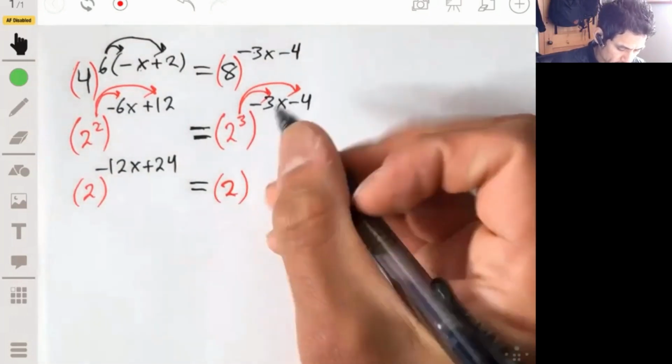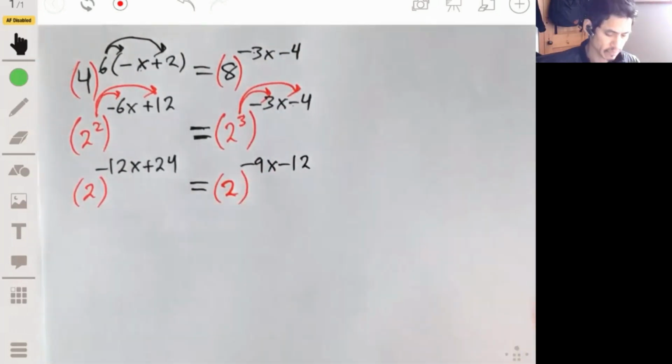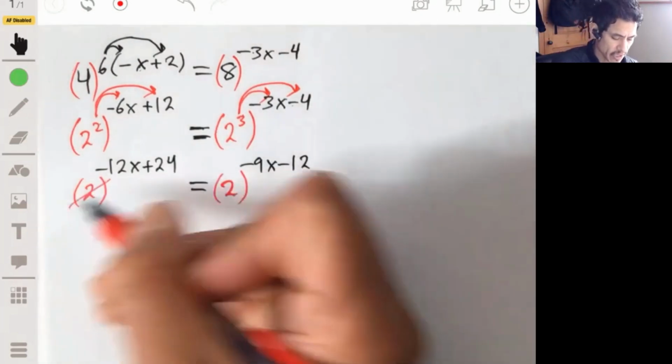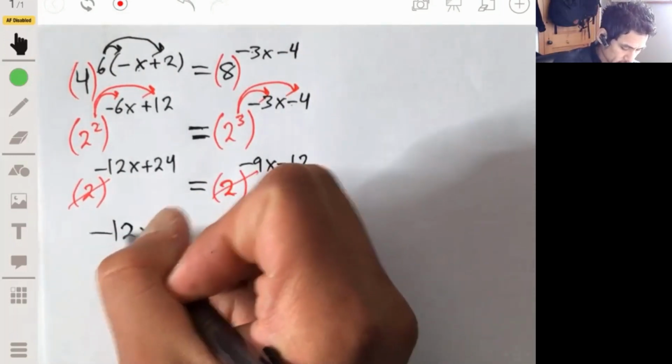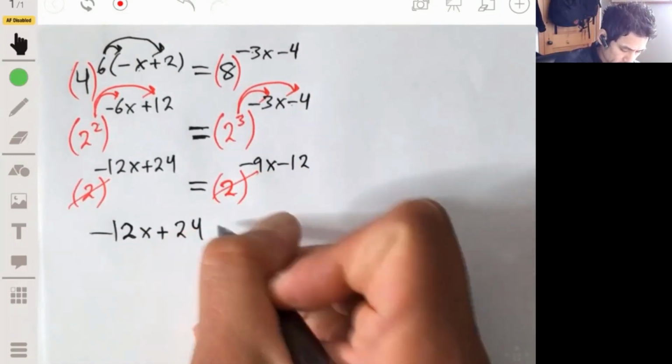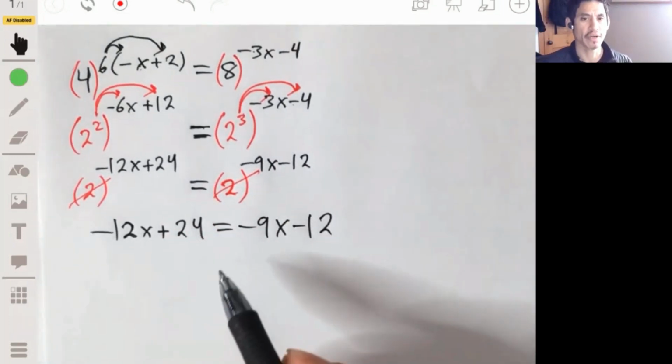So we'll have 2 raised to the negative 9x minus 12. All right, now we can cross out these 2s, and we just set negative 12x plus 24 equal to negative 9x minus 12. And then we just solve this for x.